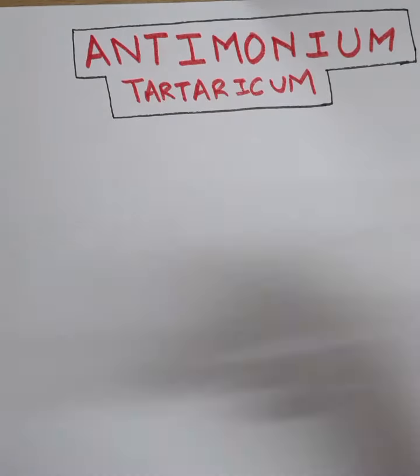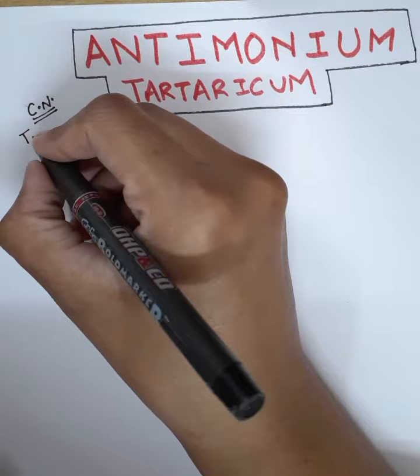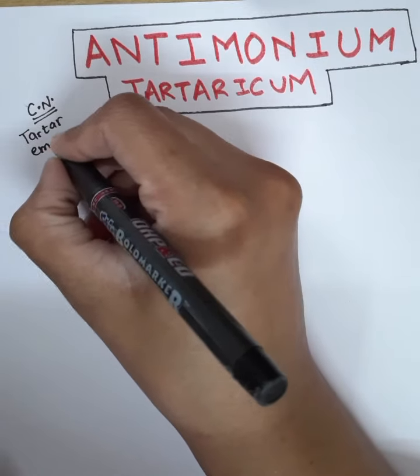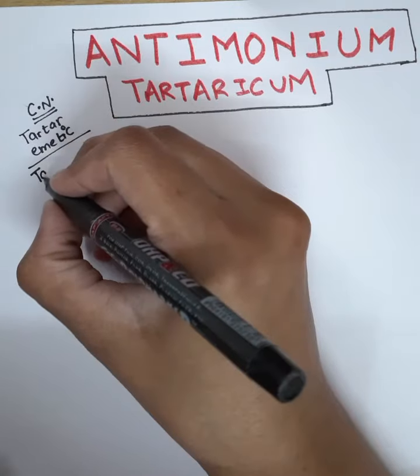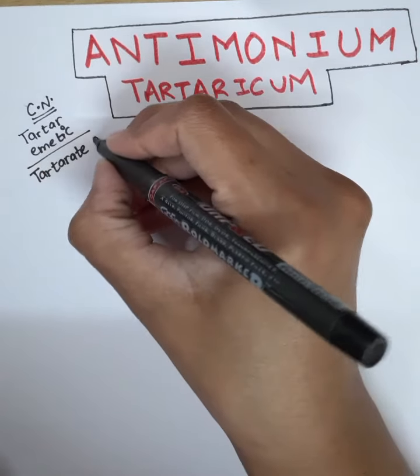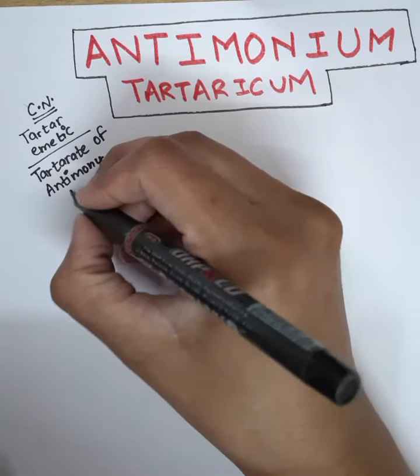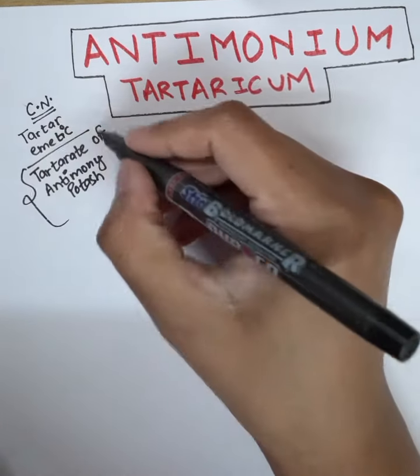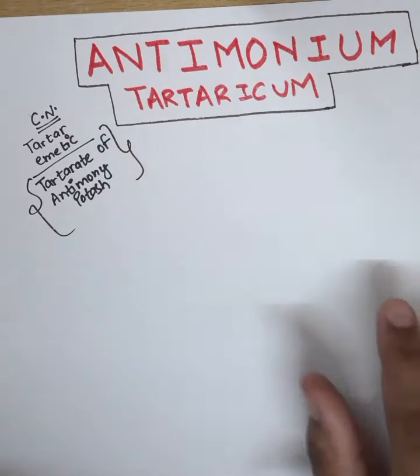Now, as usual, we are going to start with the common name. The common name of Antimonium tart is tartar emetic, or tartrate of antimony potash. Now we will get straight to the mnemonic.